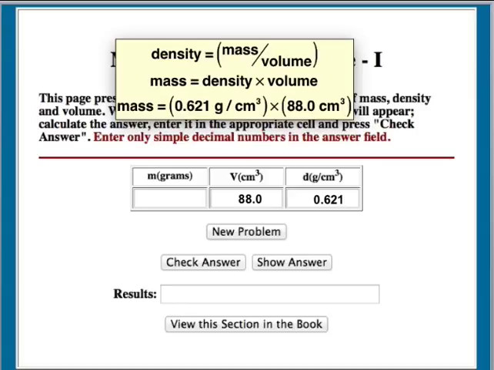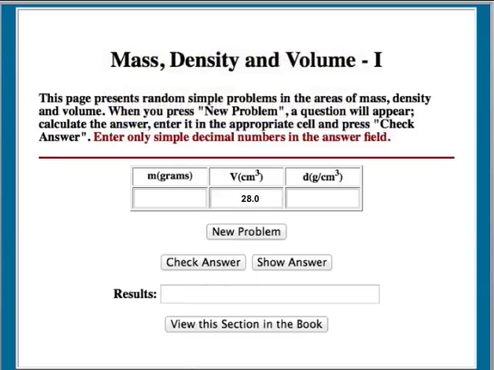Substitute in, our density is 0.621, our volume is 88. Multiply the two together, 54.7. Looks like there's just one more of these. Go ahead, we've done this one before, but solve for mass.